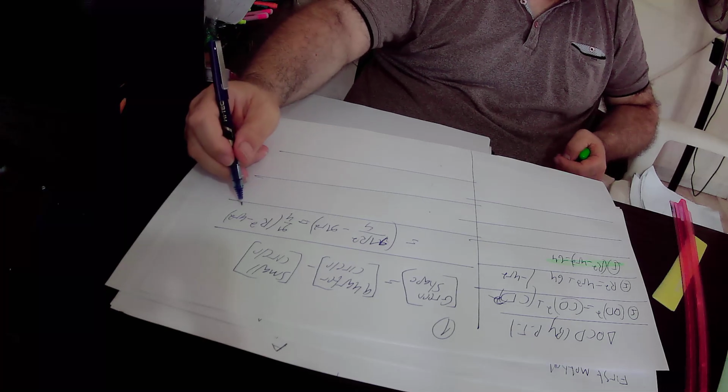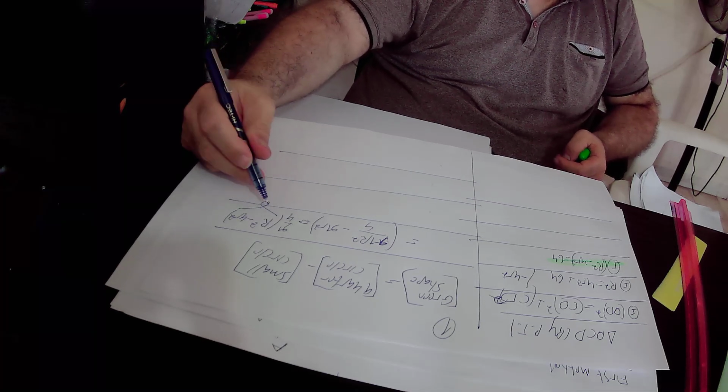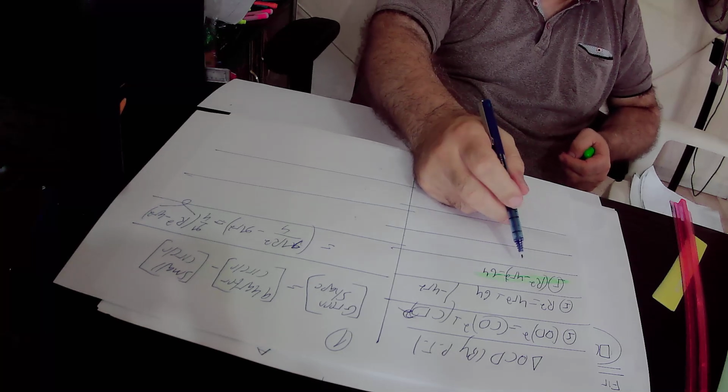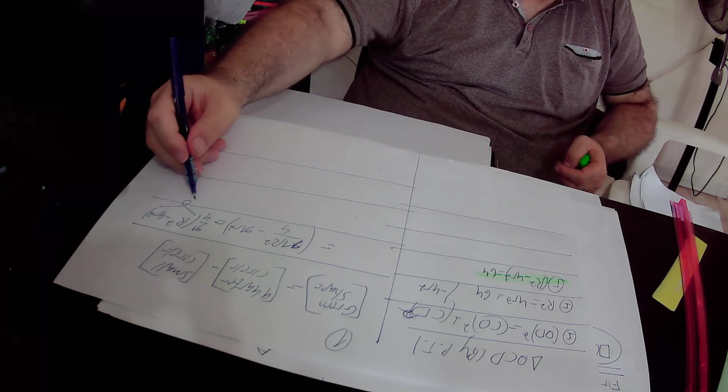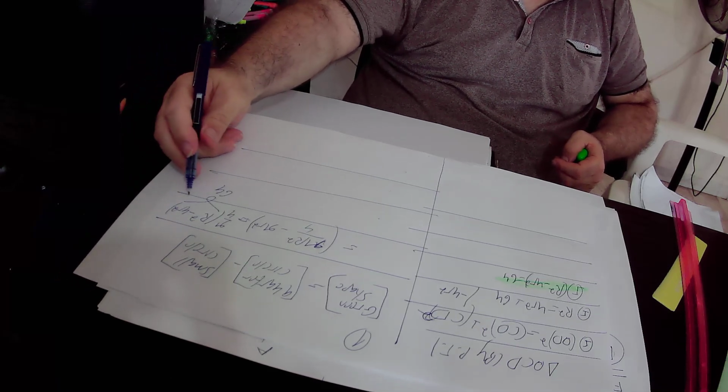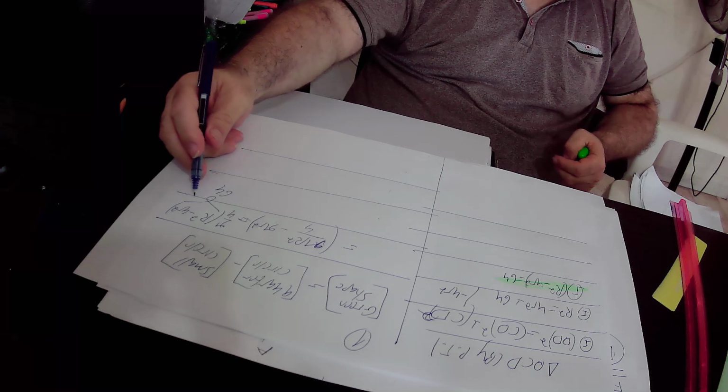So here we have capital R square minus 4r square, but we have already found out that capital R square minus 4r square, according to equation number 1, equals 64. Therefore we can substitute capital R square minus 4r square in this equation by 64.